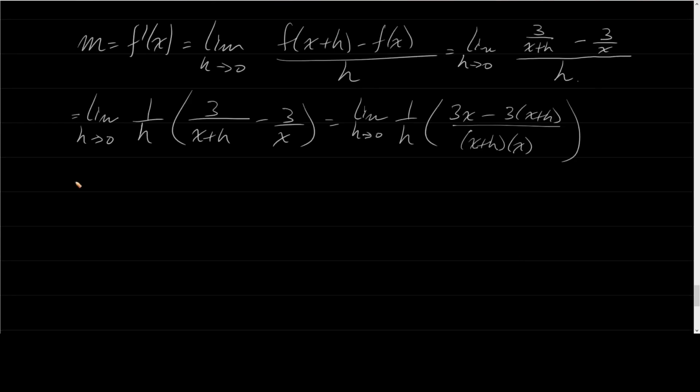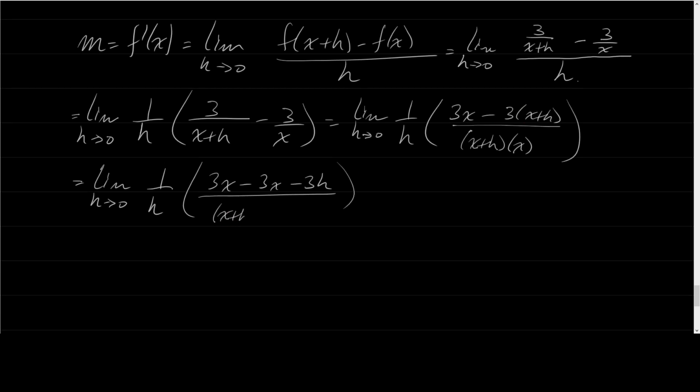At that point, let's distribute this second part. So I have the limit as h goes to 0 of 1 over h times 3x minus 3x minus 3h, all over x plus h times x. All I did there was distribute the negative 3. Now some stuff cancels out: 3x minus 3x goes away.